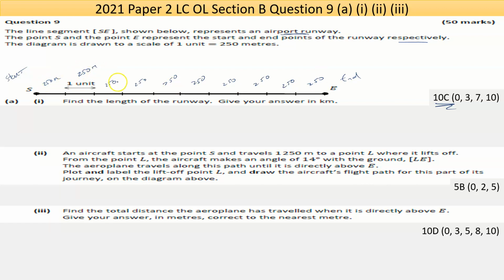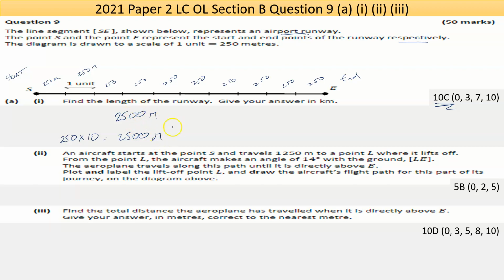250, 500, 750, 1000, 1250, 1500, 1750, 2000, 2250, 2500. So it's 2500 meters. Now I could have gotten that by multiplying 250 by 10 units, and that just adds on the zero, 2500 meters.